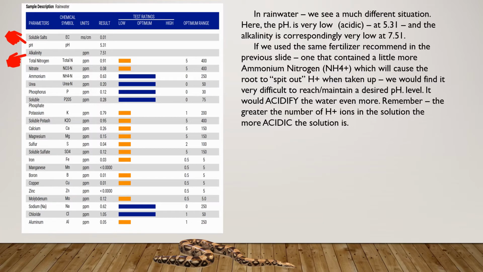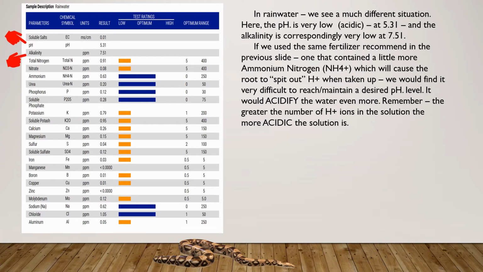And as we saw on the previous slide, our choice of fertilizer and the form of the nitrogen within that fertilizer can quite dramatically affect our ability to control the pH in both the solution and the grow medium.